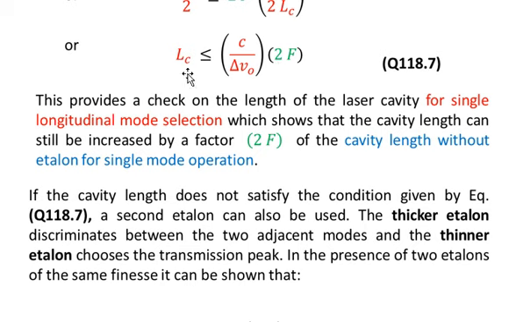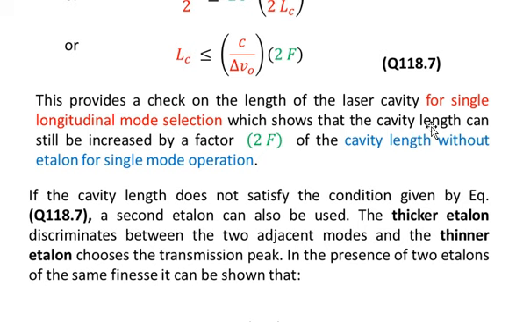So the length of the cavity is increased, because the right hand side being multiplied by 2f will allow you to use an increased value of the laser cavity length, which is always desirable because an increase in the length of the laser cavity will ensure greater output optical power from the laser.